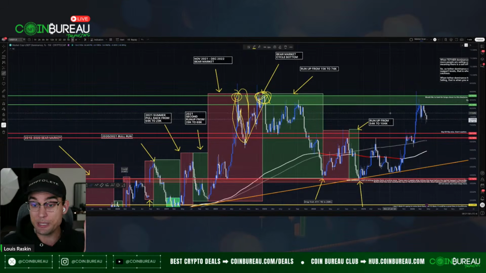So if that repeats, then okay, we got the wick into this area, right? And it closed right here, just like how it closed right here. Then we have the bearish market structure break on the weekly time frame, just like how we had right here.